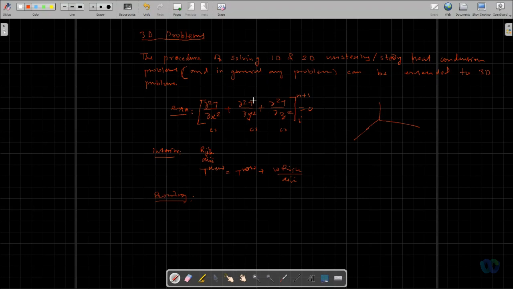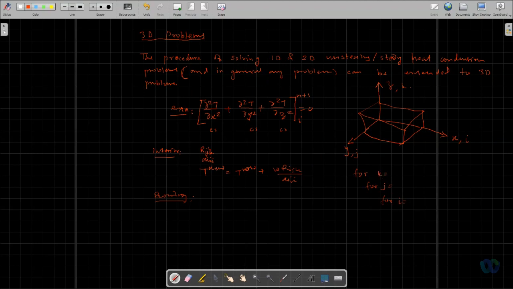Suppose this is in 2D, if it is a rectangle, now in this case, it may be a rectangular box like this. It can be a rectangular box of this nature, and you can say this is X, Y, and Z, and corresponding indexes can be I, J, and K. Now here you can use for loop. So first you can make the K loop, then the J loop, and then the I loop.